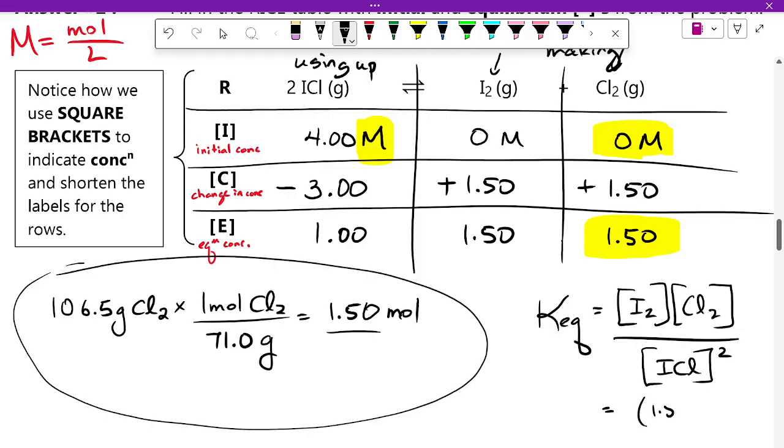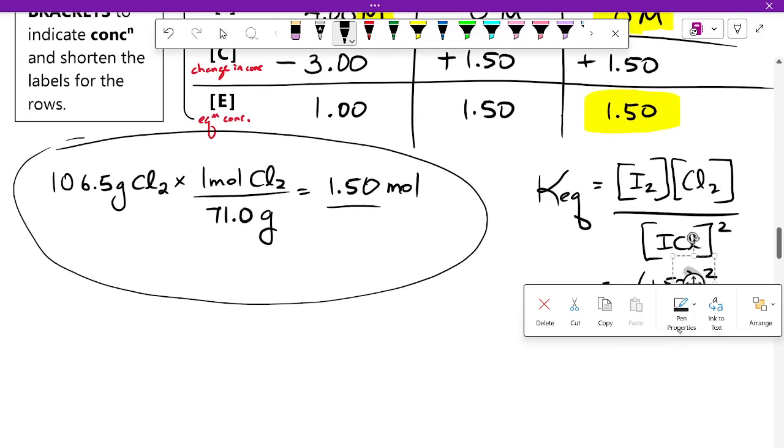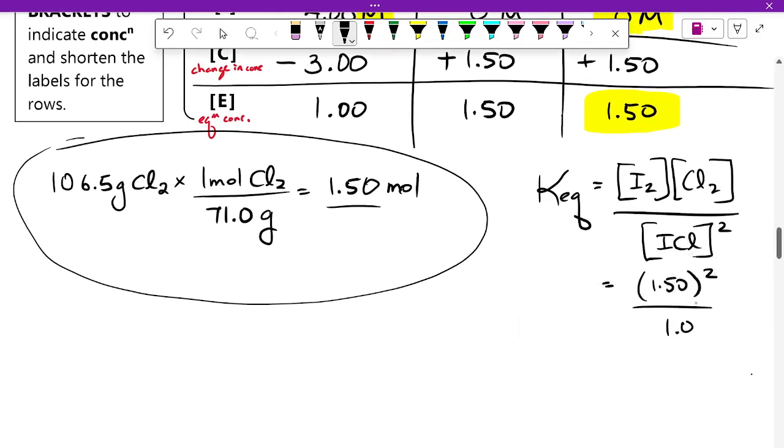And we have 1.50 squared over 1.00. So I have 3 sig figs, 3 sig figs, 3 sig figs, and that is 2.25, and we are done. Is that good? Okay, so that's how you calculate KEQ.